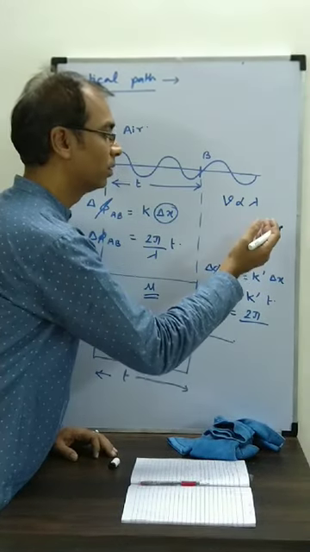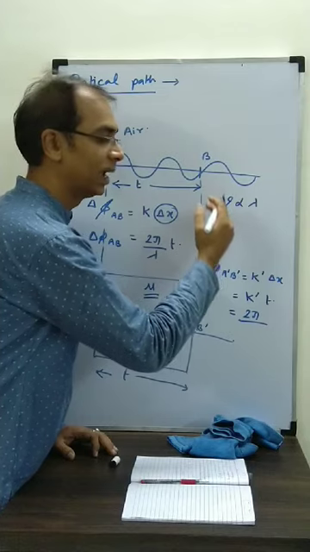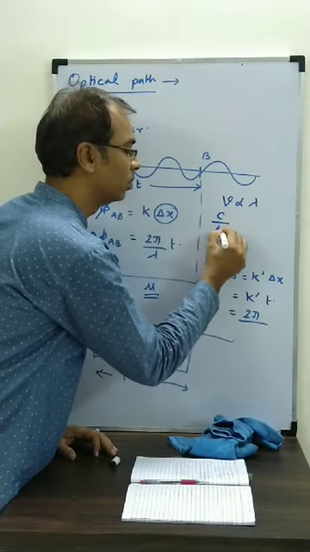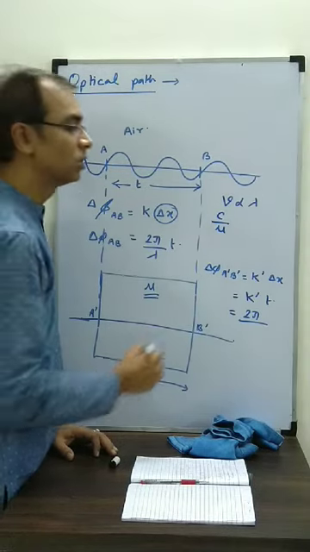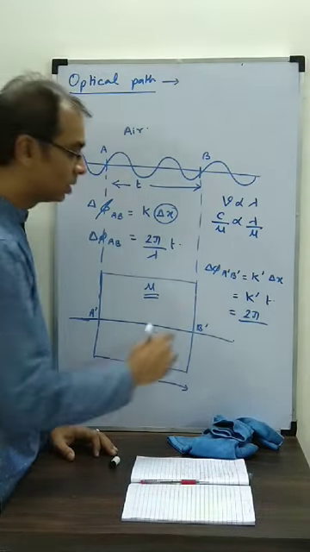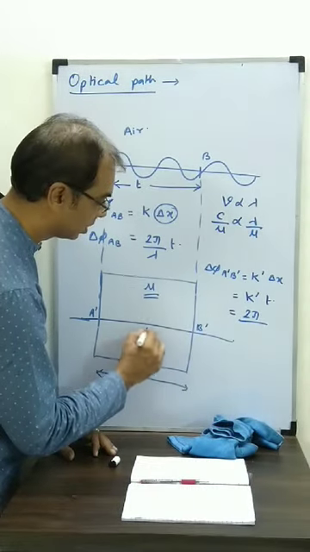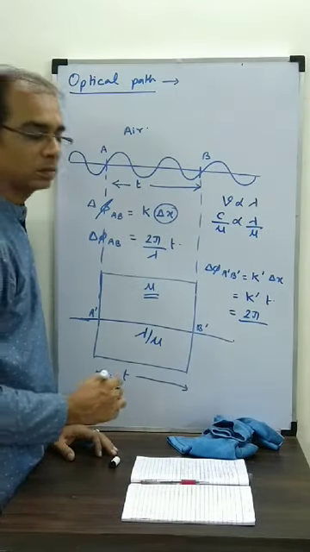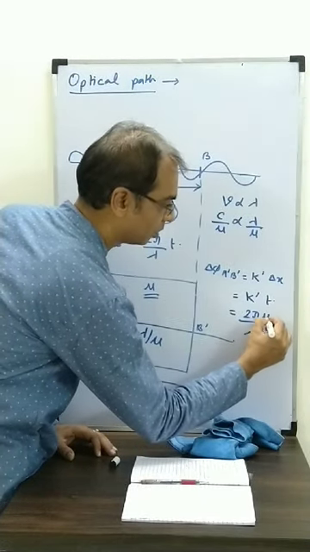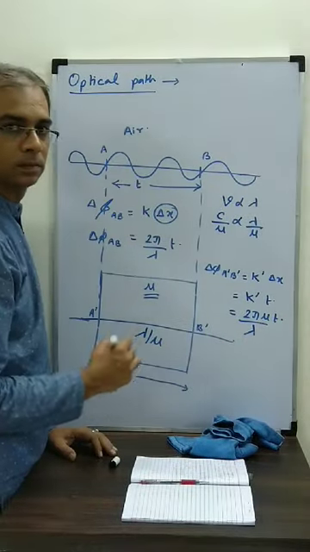When light goes into a different medium, the speed becomes c by mu, so the wavelength also becomes lambda by mu. So mu will come over here and become like this.